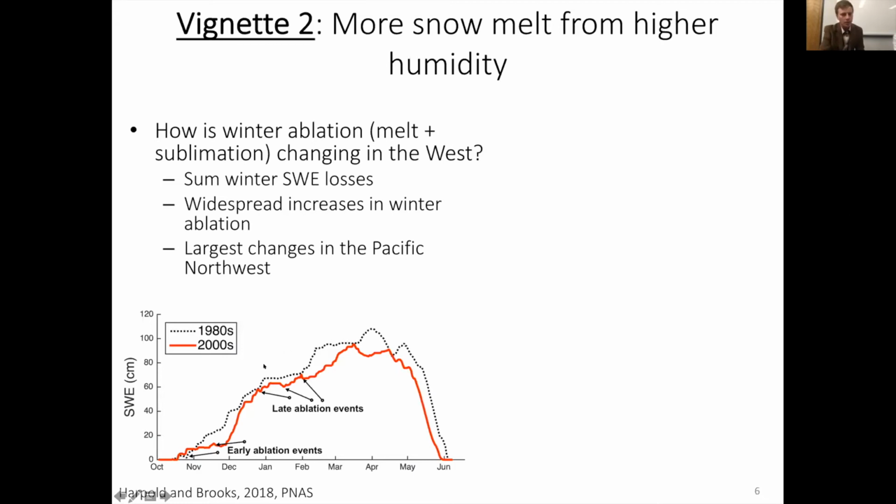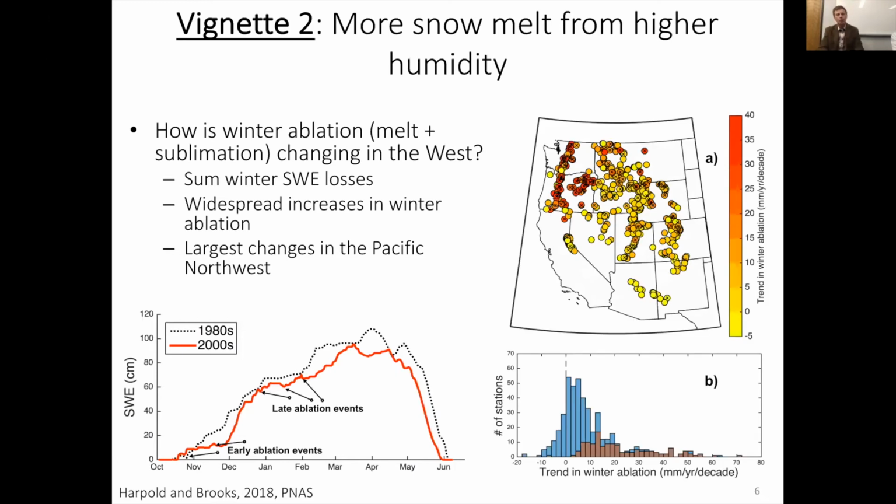But at this particular site, we're also looking at these mid-winter ablation events. And we're using the fact that we have a daily response to accumulate and keep track of how much ablation we're seeing prior to peak accumulation for that year. And then we trend line through this. And what's so amazing now about the SNOTEL data set is we have 35 years of data from over 450 stations across a dramatic climate variation.